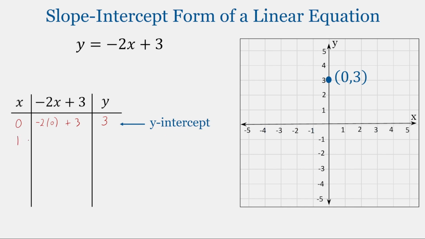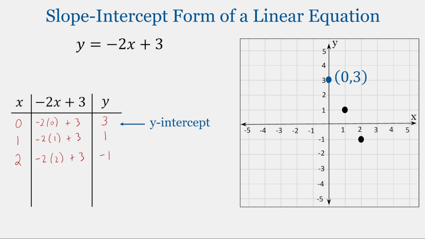Let's set x equal to 1. So now we have negative 2 times 1 plus 3. This gives us a value of 1. So we have the point 1, 1. So now we can set x equal to 2. So we have negative 2 times 2 plus 3 gives us negative 1.